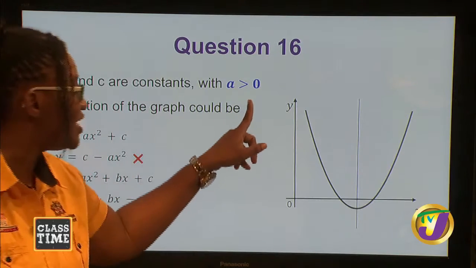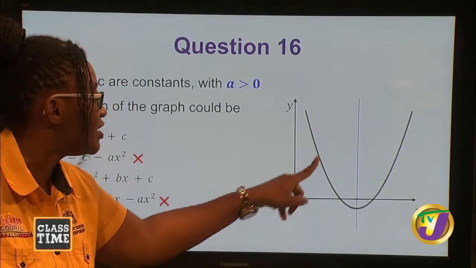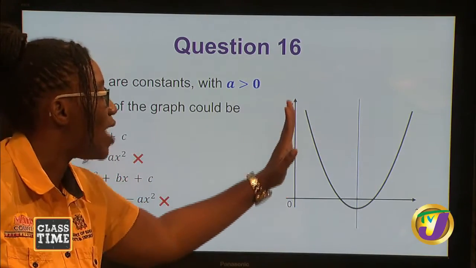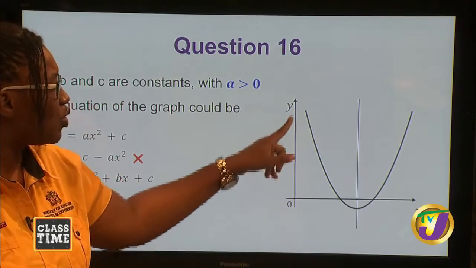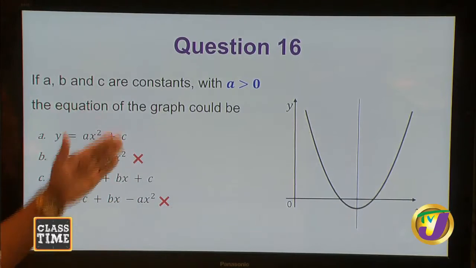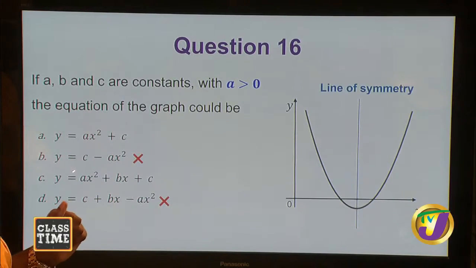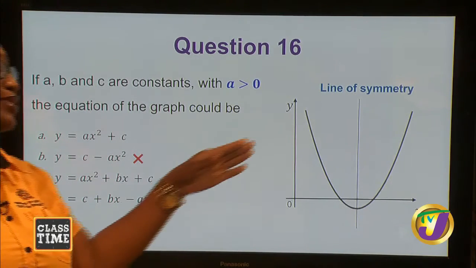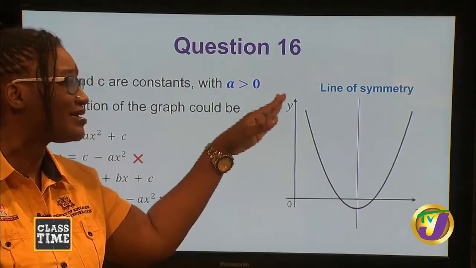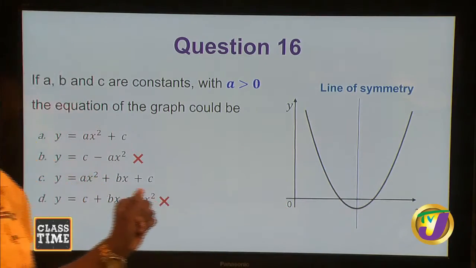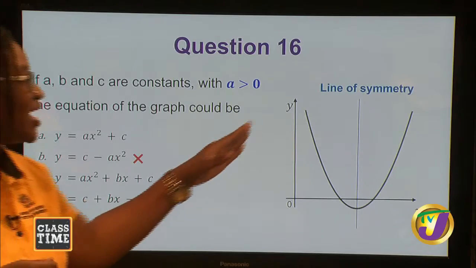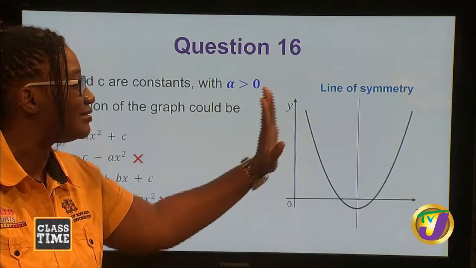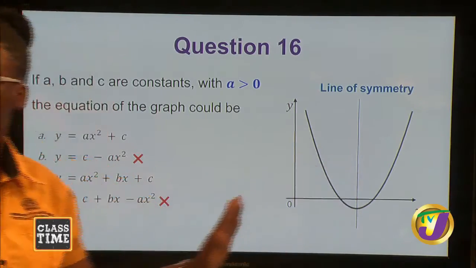So in other words, if B is 0, my graph must be somewhere here so that the y-axis is my line of symmetry. When I look at this graph, Latoya, I'm seeing the line of symmetry coming in, and it certainly does not look like the y-axis. So what the B value does is that it shifts the graph in such a way that the y-axis is no longer the axis of symmetry.